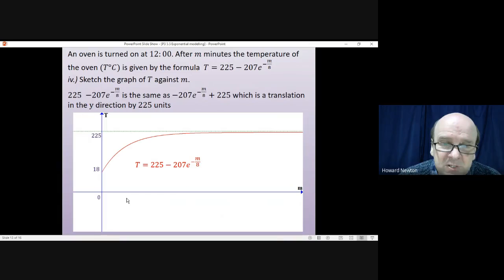So after the translation, 225 upwards, you will have something like that, where, as we said, this point on the t-axis is at 18, and the asymptote has moved up. And you do need to sketch the asymptote when you sketch the graph. That would be the completed sketch.